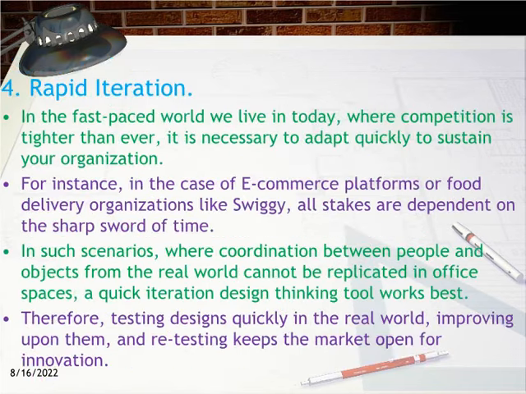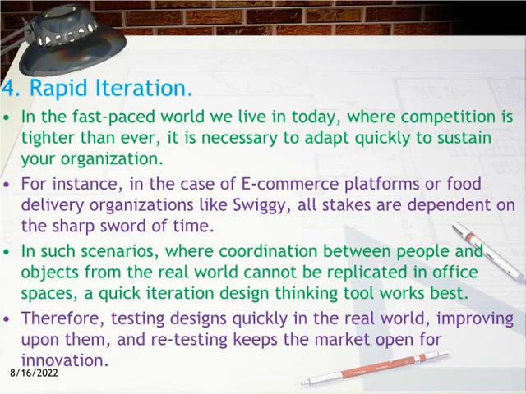4. Rapid iteration. In the fast-paced world we live in today, where competition is tighter than ever, it is necessary to adapt quickly to sustain your organization. For instance, in the case of e-commerce platforms or food delivery organizations like Swiggy, all stakes are dependent on the sharp sword of time.